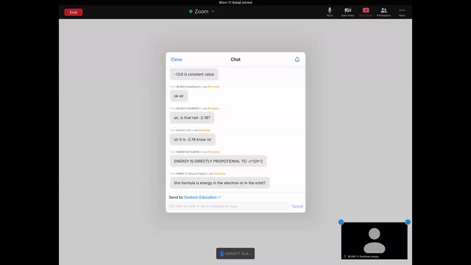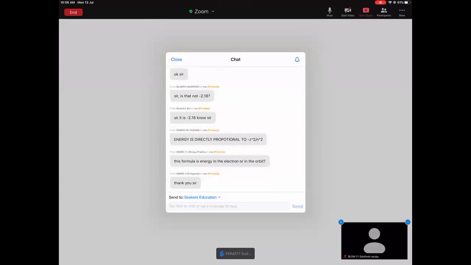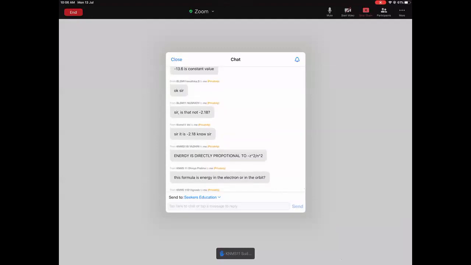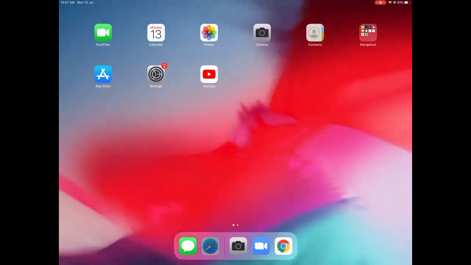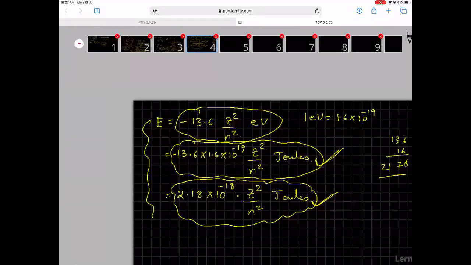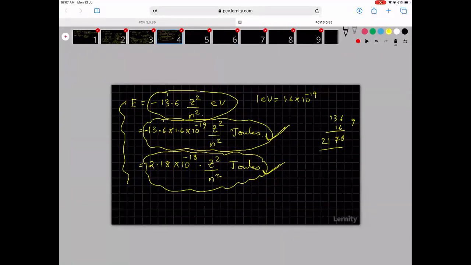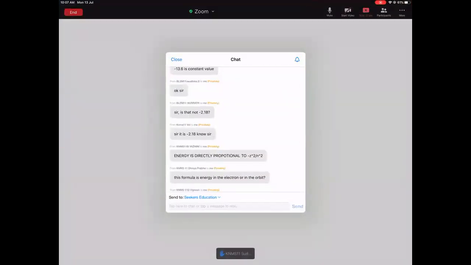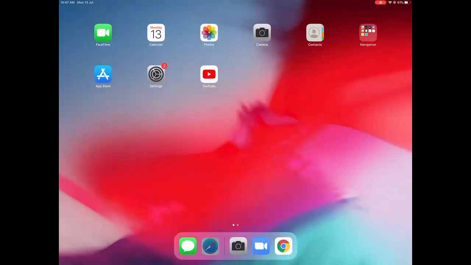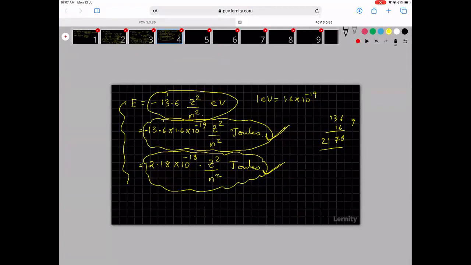The formula is energy of an electron in an orbit. I don't understand. Is it not 2.18? You multiply better. Then what else did I write? I wrote 2.18 only. Is there any way? Minus all those things you please put. This is my notebook. Please don't copy from here.